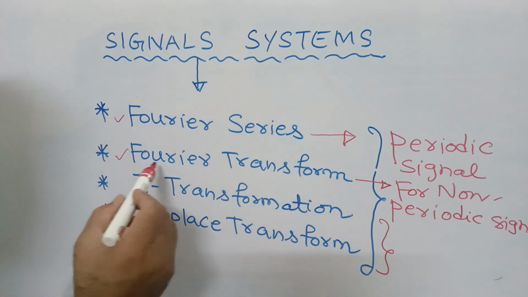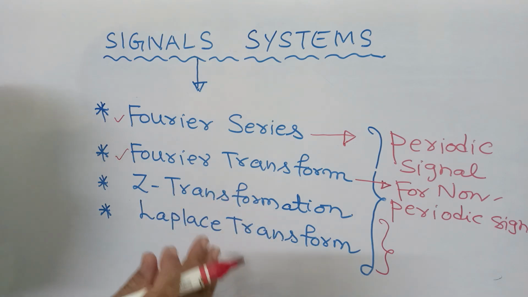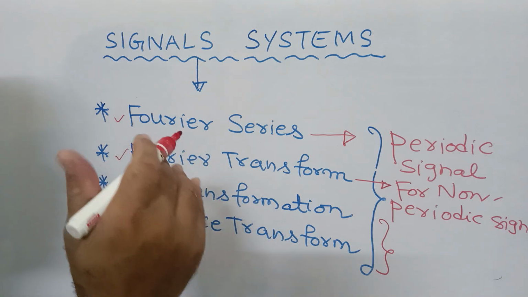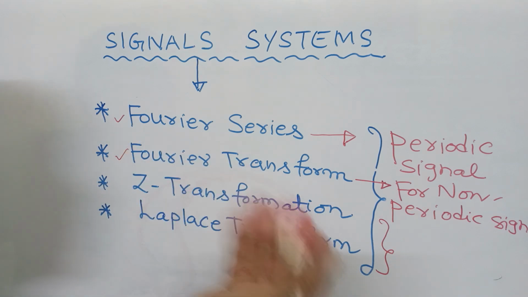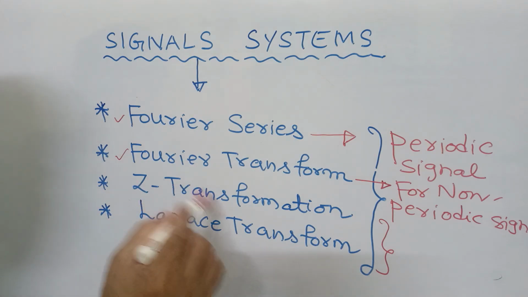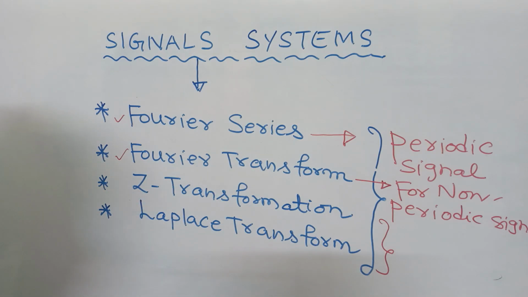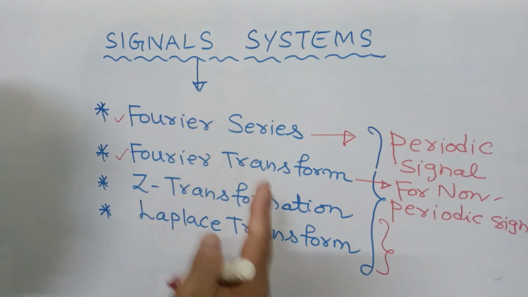The Fourier transformation has certain limitations, so to study beyond those limitations, we need some additional or special transformations. Those are the Z transformation as well as the Laplace transformation.